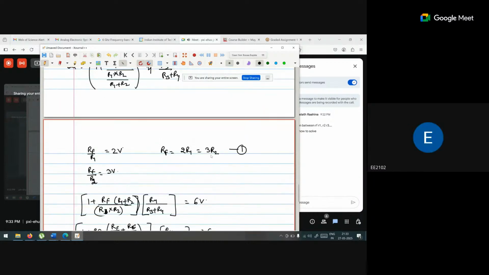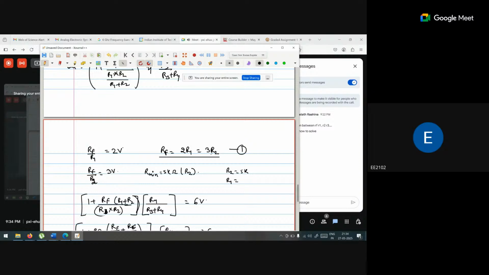Now we know that out of these three resistors, which one is less? R2 is very less, because if we multiply R2 with 3, that is equal to RF. So RF is greater than R1 and R1 is greater than R2. The minimum resistance is given as 5 kilo ohm, so R2 will be 5 kilo ohm.